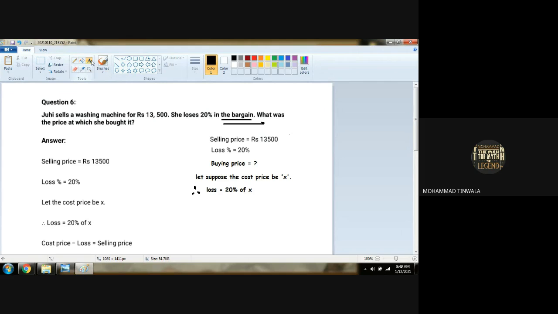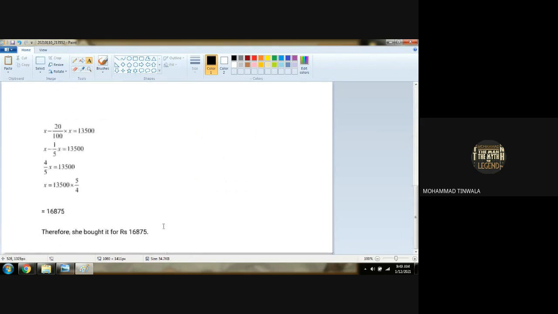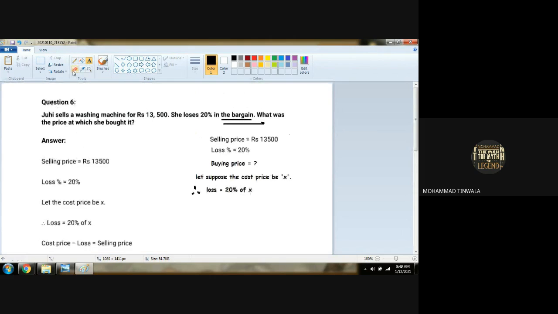So can I say that selling price is equal to CP minus loss? CP, the buying price, minus loss.